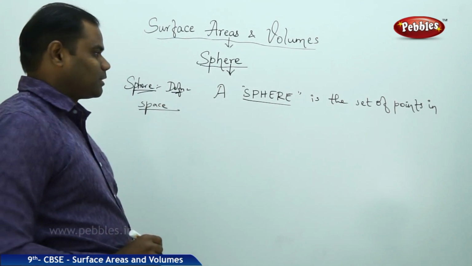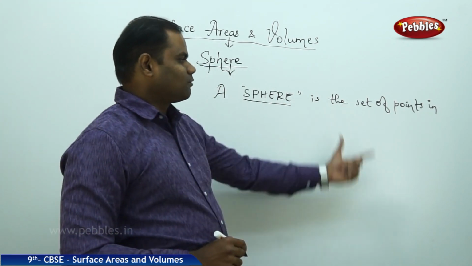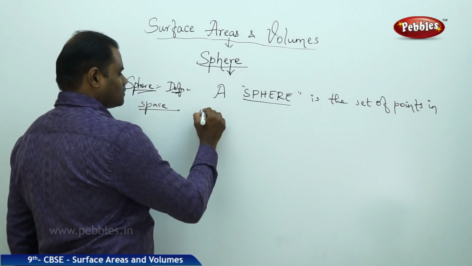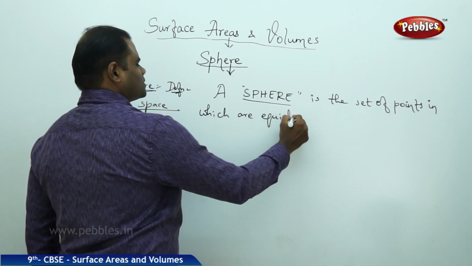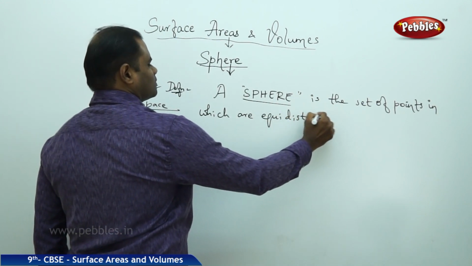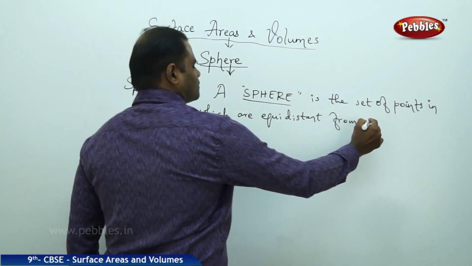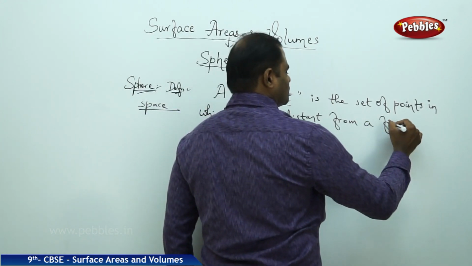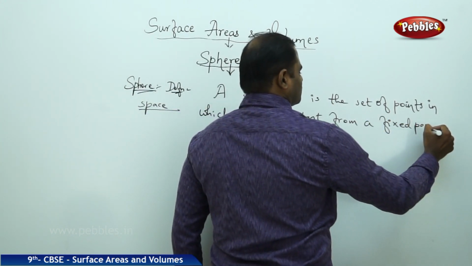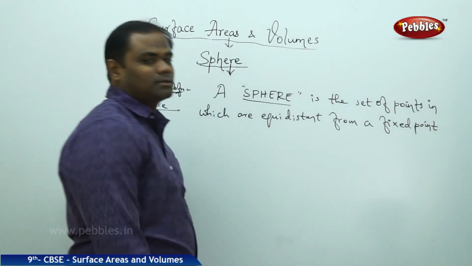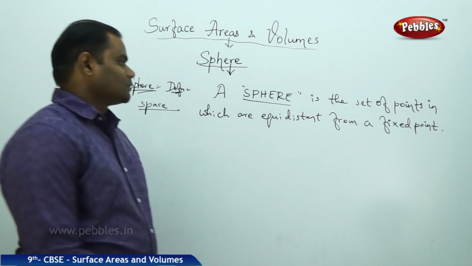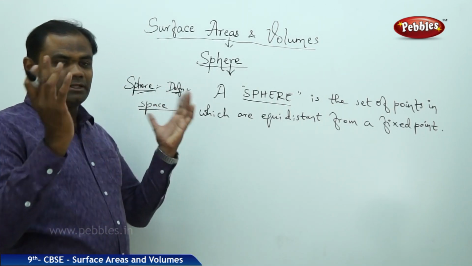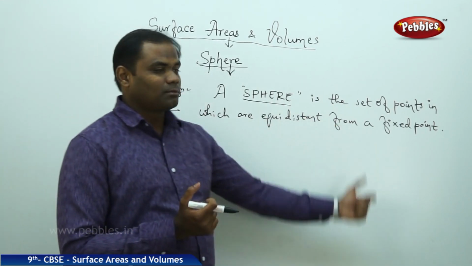Importantly to note, in space, a sphere is the set of points in space which are equidistant from a fixed point. That's how we understand a sphere. So the set of points which are taken in the space are equidistant from a fixed point.